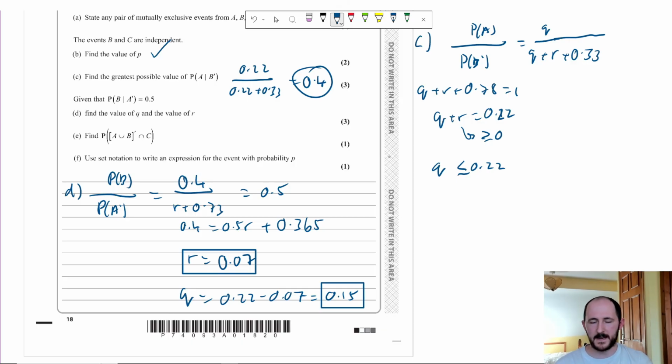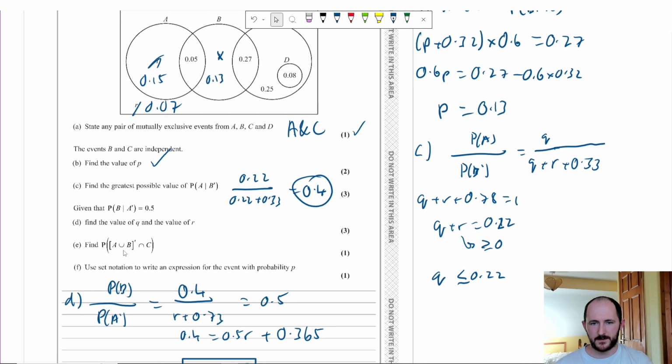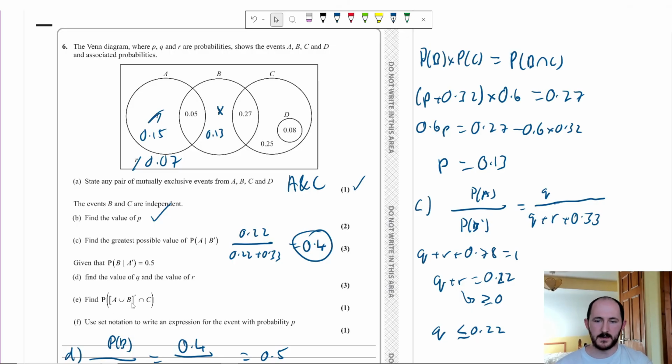Then it says, okay, this is going to be fun. Find P, A or B not, so it's not A or B, and it is C. What I like to do with questions like this, when it says A or B not, first of all, I'm going to highlight A or B. Now it says not, which means we are not going to use anything inside this shaded region.